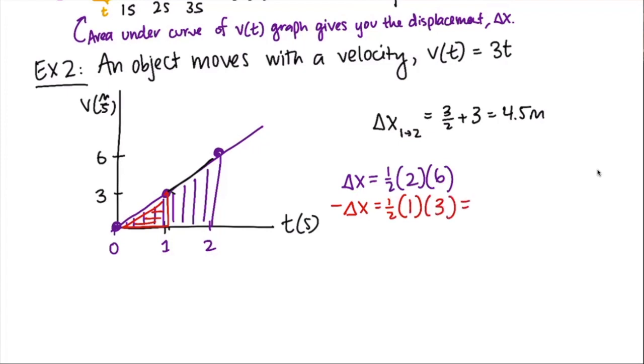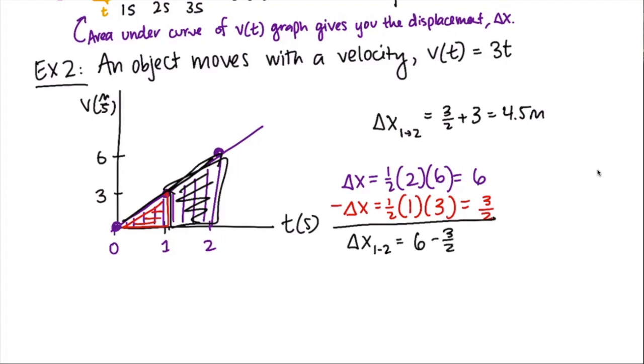Okay, so 1/2 the base times height, that's 3/2. 1/2 of 2 times 6 gives me 6. And so the total distance just from 1 to 2, to match with what we had before, I'll subtract, so from 1 to 2 gives us 6 minus 3/2. 6 minus 1.5 is 4.5, just like we expect.